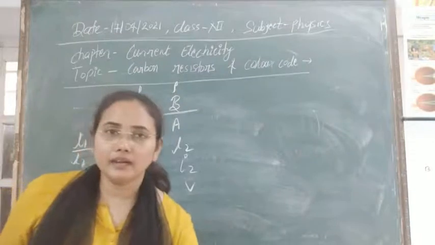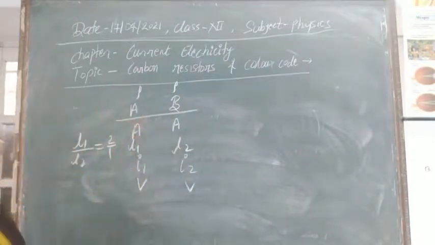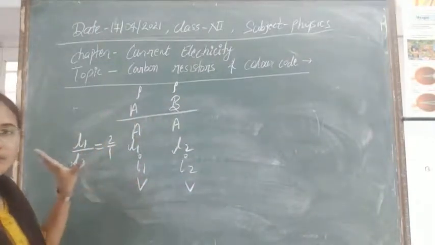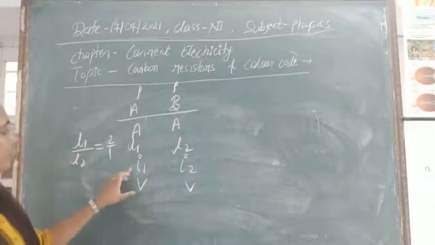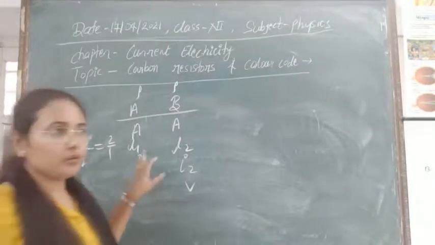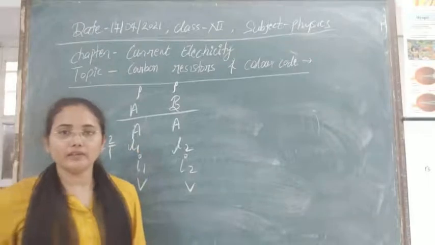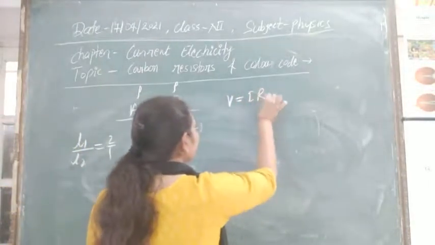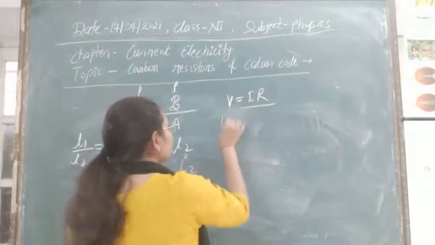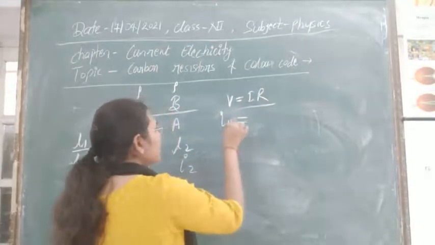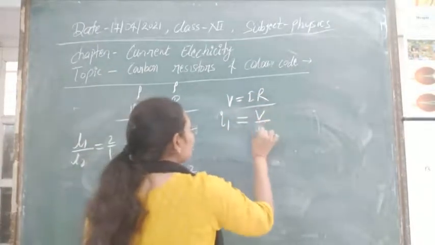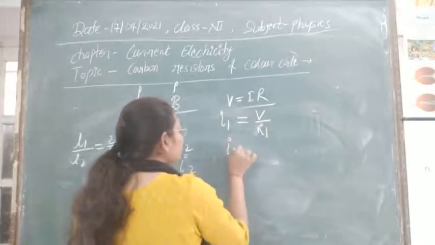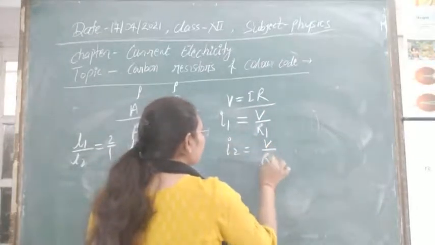This is the data I have summarized. Now how can we find the current? By using Ohm's law, V is equal to I into R. So I1 is equal to V upon R1, and I2 is equal to V upon R2.